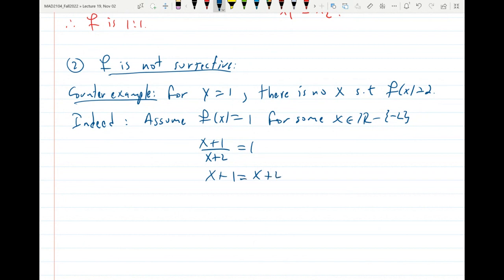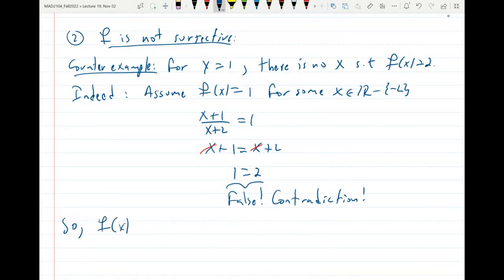Just move this guy and multiply. The x's cancel out, and we end up with the statement 1 equals 2, which is certainly false, right? So this is false, so that's a contradiction. So there's no way this can happen, okay?